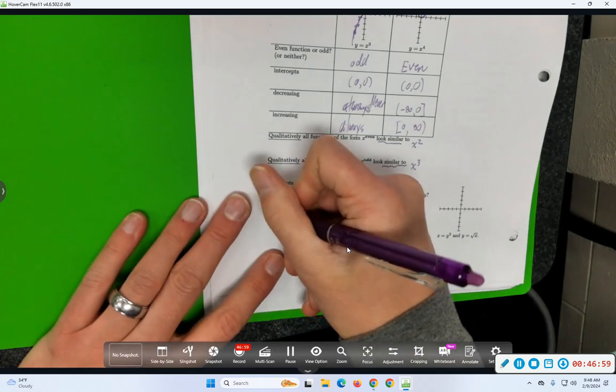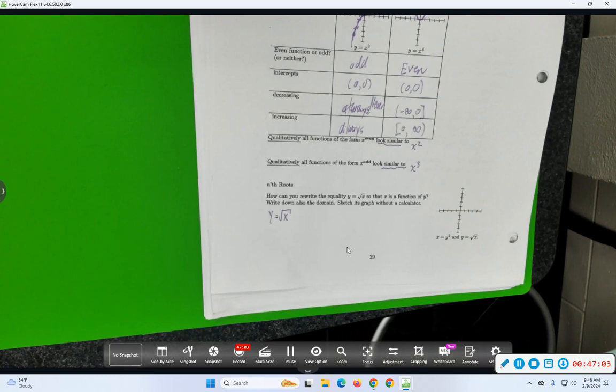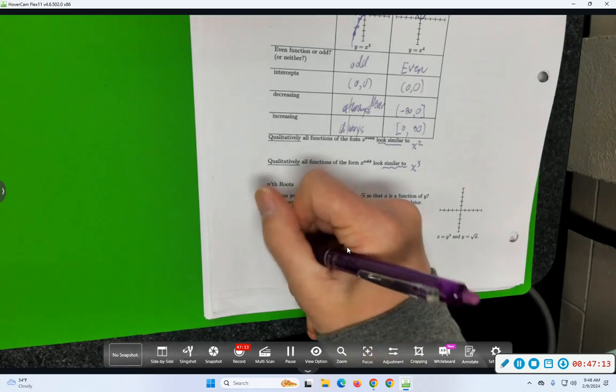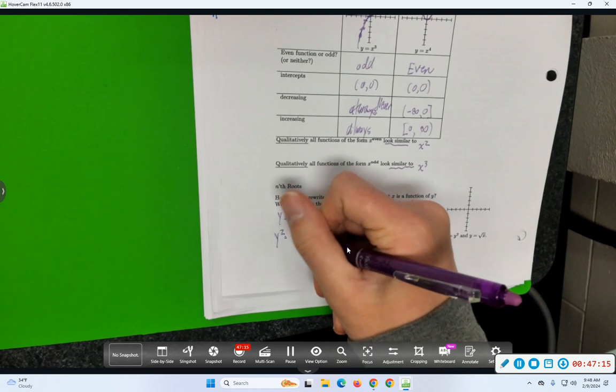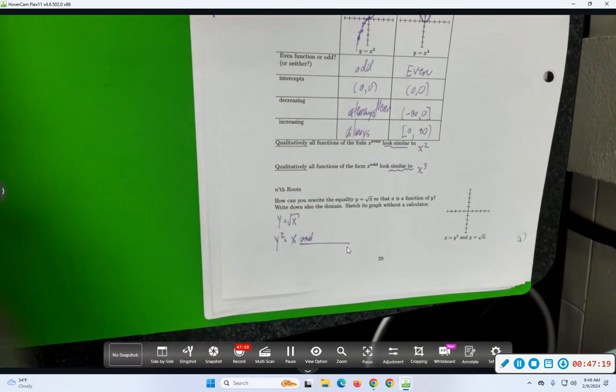So if I want to take y equals root x and ask you to write x as a function of y, so solve that for x, what would you get? y squared equals x. And I'm going to put a blank here because there's going to be another detail.